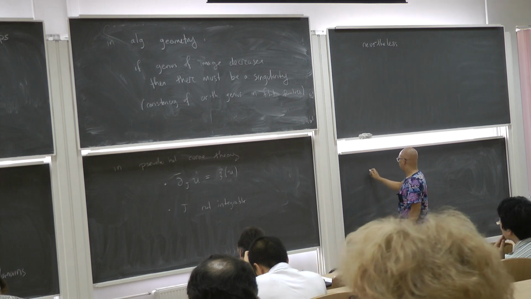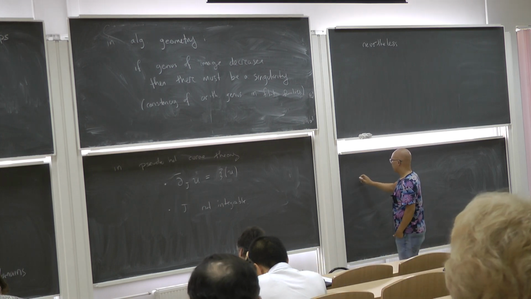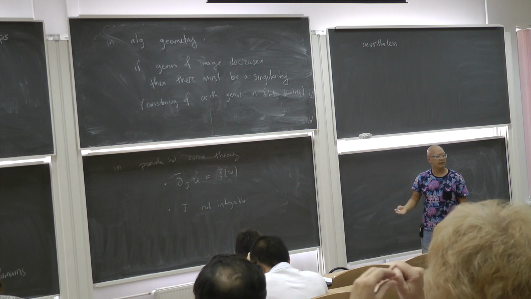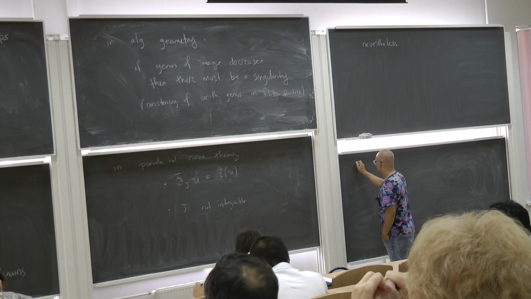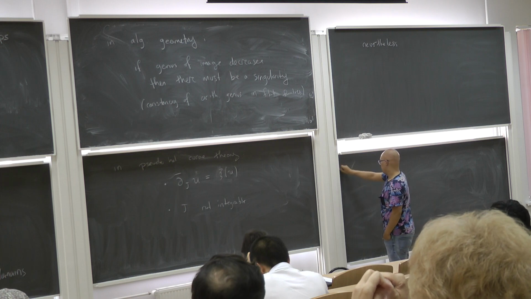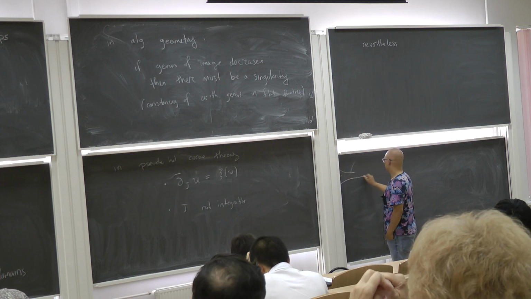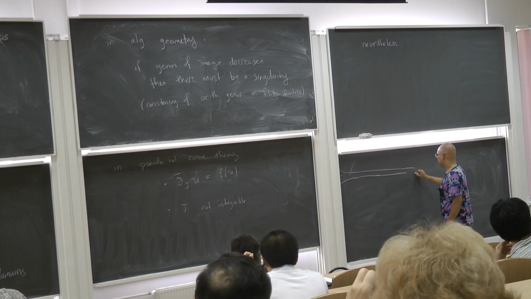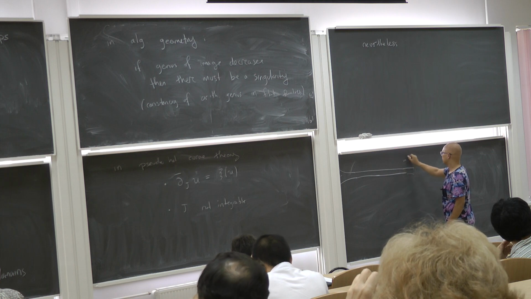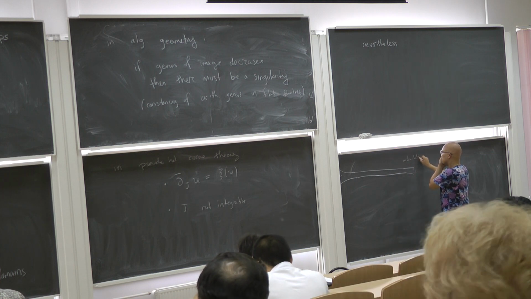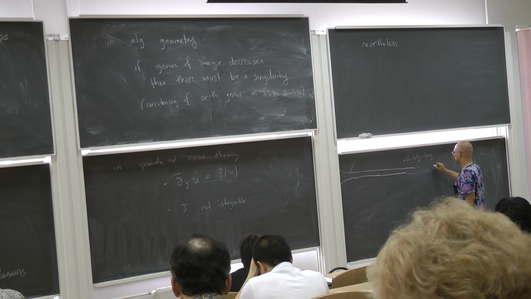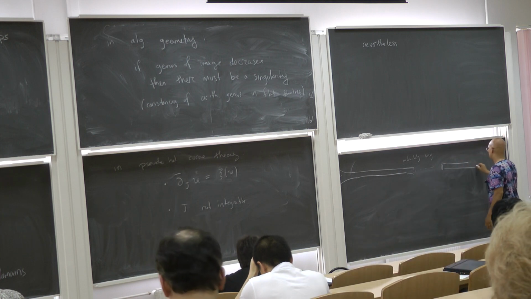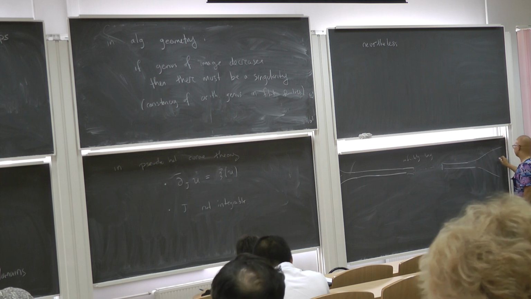Well, if you have a nodal curve, so what does a nodal curve look like to a symplectic or differential geometer? Well, you have some part of the curve out there, and then you have a very long, in fact, infinitely long neck. So this is not infinitely long. And then you have another part of the curve out here.